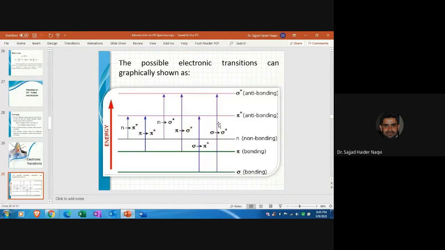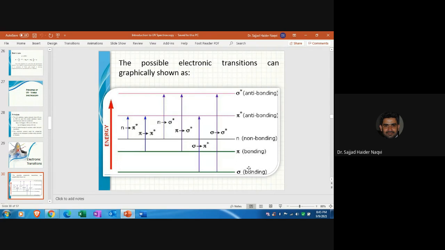If you start from the lower side, you can see that the bonding electrons are the ones having the least energy, and they are the most stable, because stability is inversely proportional to the energy. So at this stage, when you have the least energy, the electrons are called bonding electrons, and they are the most stable.